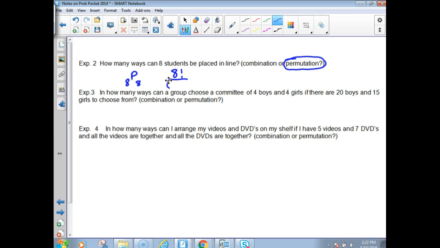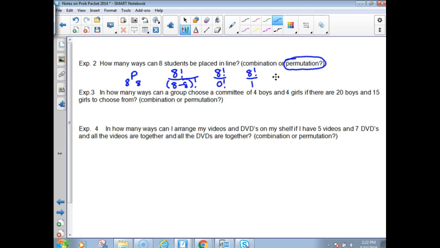So on the bottom you do 8 minus 8 factorial. 8 factorial would be on the top, 0 factorial will be on the bottom. Now, what I need you to know is that there's a definition of 0 factorial that says it's 1. So don't think we're dividing by 0. We're not. All right, so actually, this would be 8 factorial divided by 1.